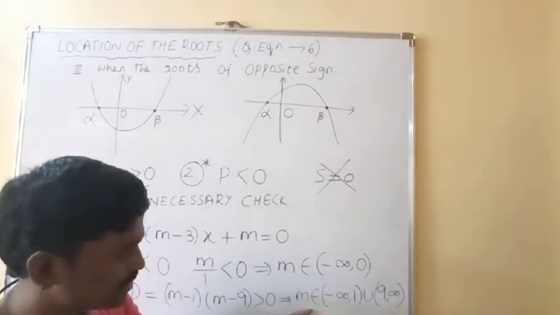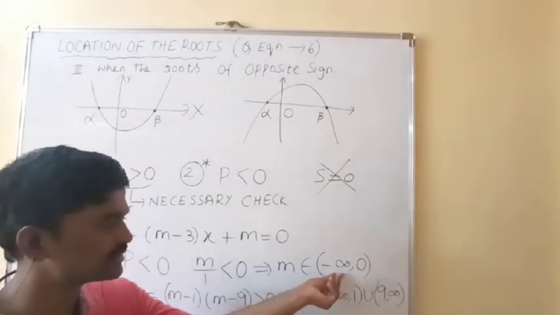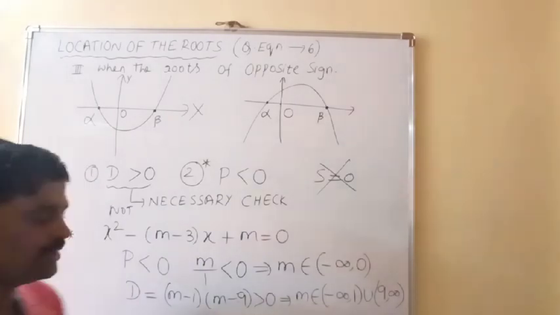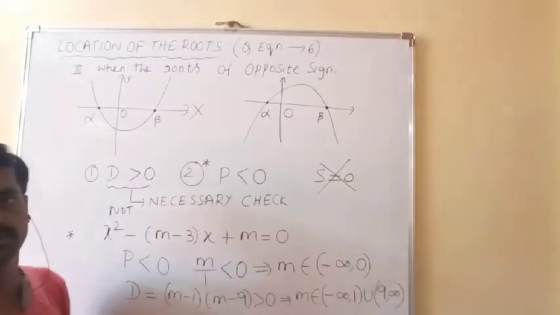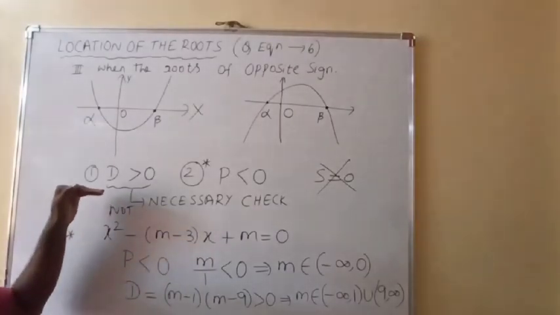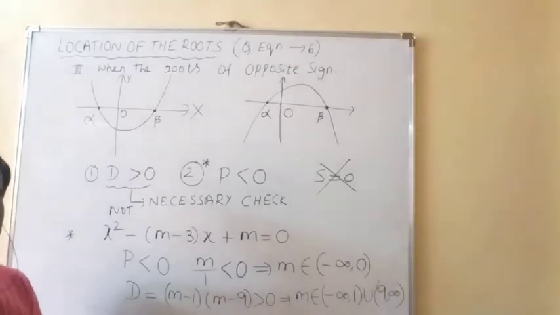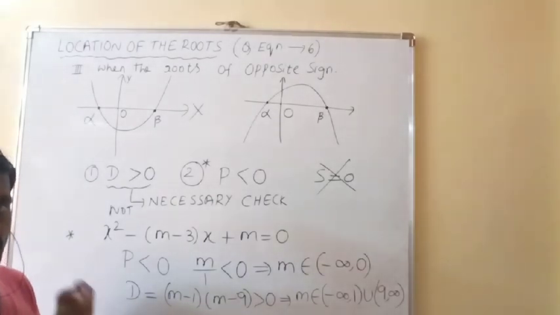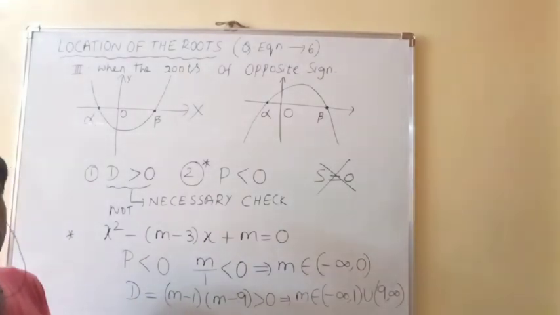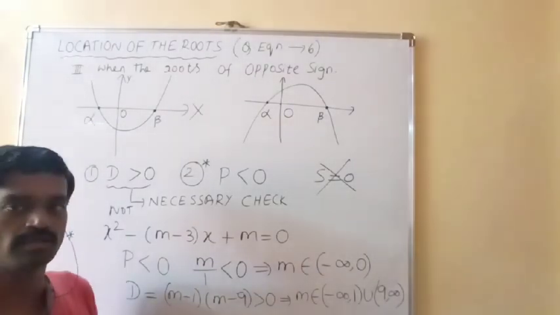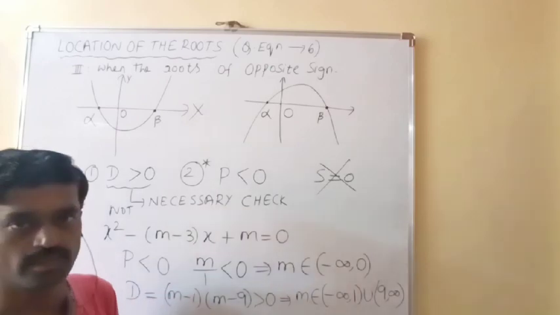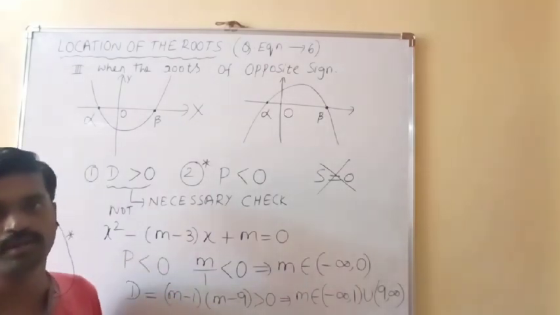So what is the intersection of these two solutions? Again the same solution as above. That means taking D greater than 0 doesn't affect the answer. So whenever D greater than 0 is there in a case, you need not check that condition while solving problems. But when D greater than or equal to 0 is there, you have to compulsorily check that condition while solving the problems. So this is an important note.